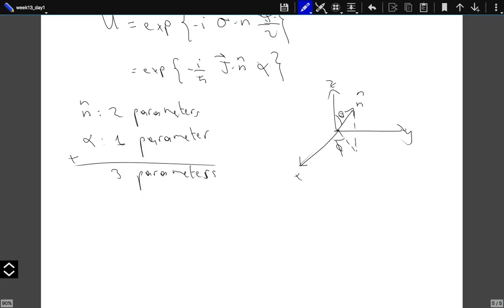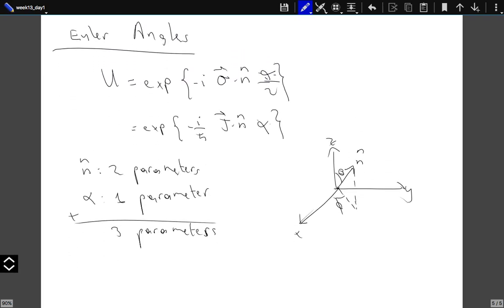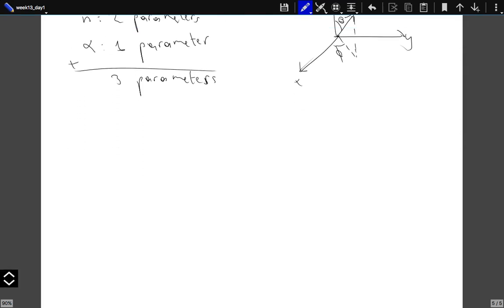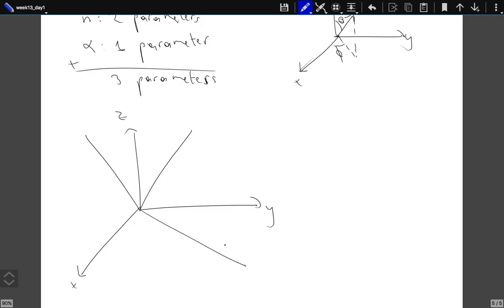Conventionally this is not much used, so rather than specifying a rotation by these 3 parameters, most of the time what we do is, if you start with any coordinate axes x, y, and z, after rotating, these angles become, let me try to draw it like this.